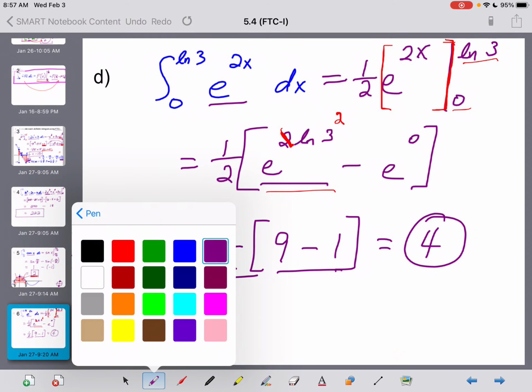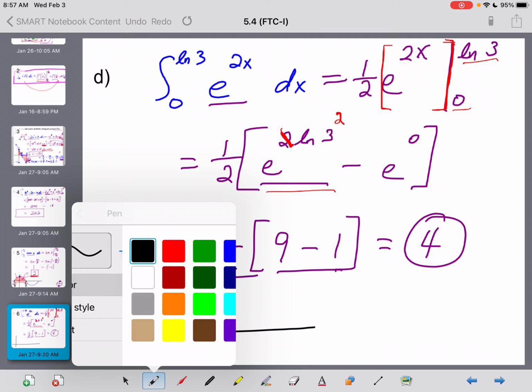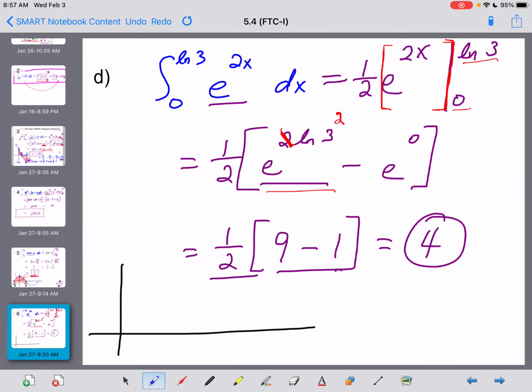Okay, and last thing I'm going to say, I promise I won't dwell on this. Think about what's happening here. We have yet again a goofy, irrational function, everybody, e to the 2x, which really doesn't look a whole lot different than e to the x. It just increases a little bit faster. Whole bunch of irrational values. But if we start this thing at 0 and end it at the natural log of 3, e to what power is 3?